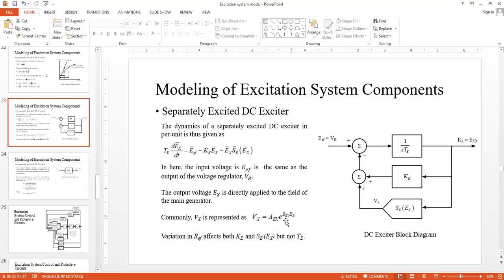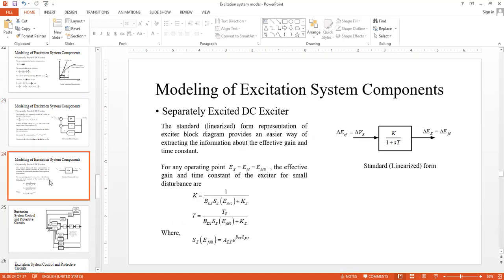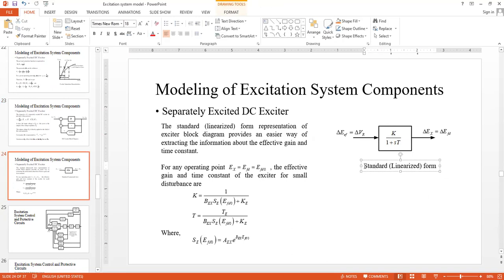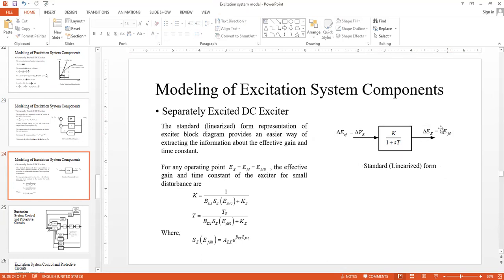This is the Vx representation. And this was the nonlinear part. And then we got the standard linearized form. And that was relating the change in exciter output delta EFD and the change in the regulator output or the exciter input, that is delta VR. Because all of them were represented as incremental variables, we had to go for the linearized version, and we did it in this manner. And we discussed this in detail earlier.